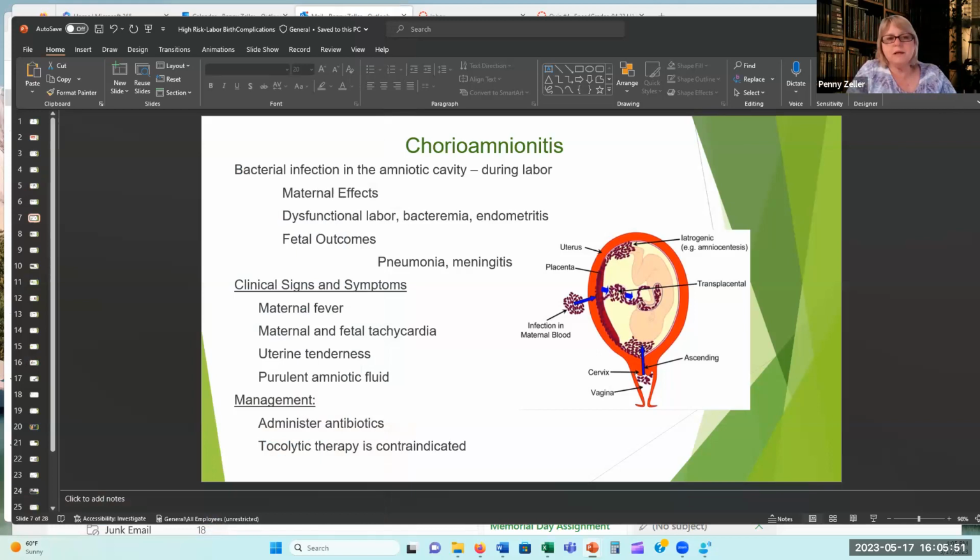If we don't treat it, mother could have dystocia during labor and develop the endometritis we talked about. The fetus can develop pneumonia and or meningitis.